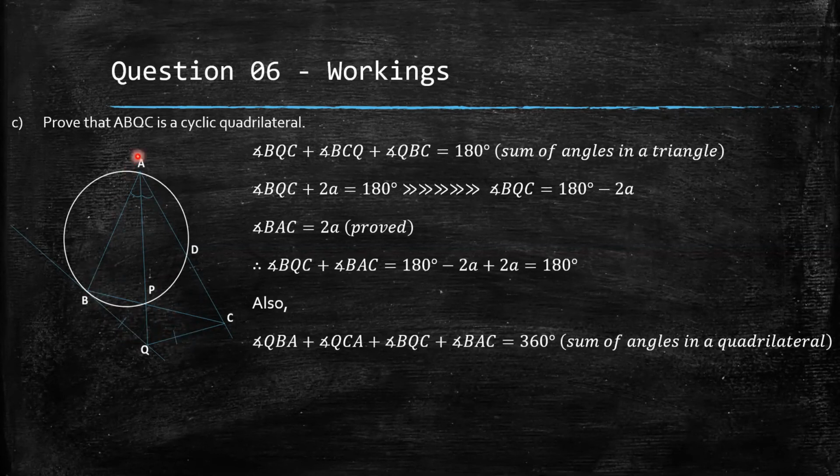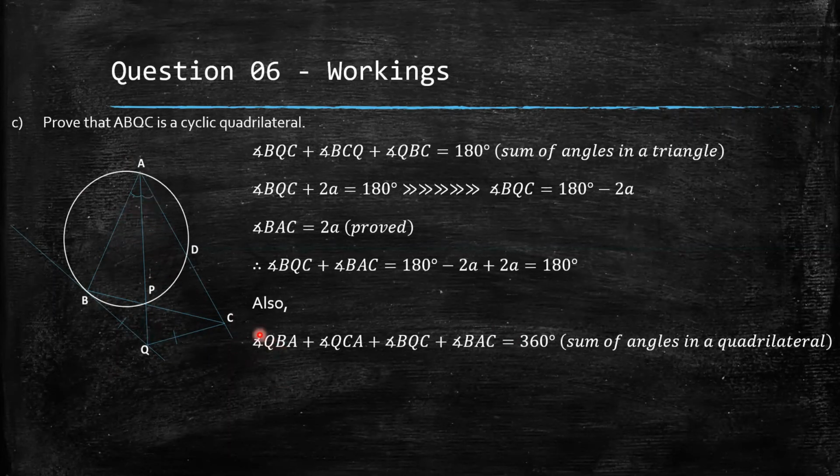Since ABQC is a quadrilateral, the summation of the interior angles will sum up to 360. We know that from the theorem, right? So now we know the summation of these two angles will sum up to 180. Therefore, the summation of the remaining two angles will be equal to 360 minus the summation of these two angles.